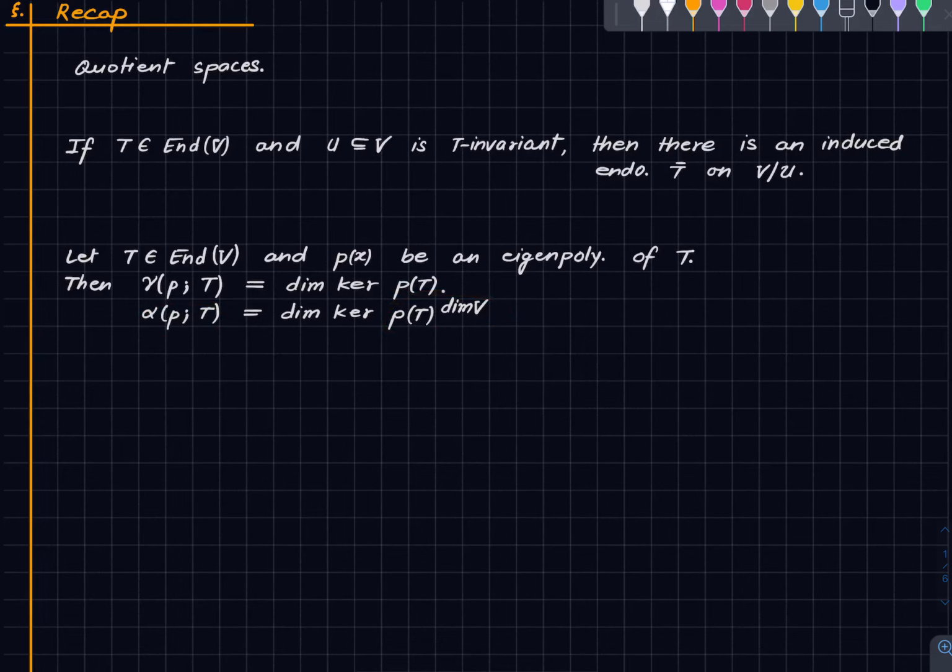We gave a slightly different definition, but we commented that it is equivalent to this. Alright, so these are definitions of geometric and algebraic multiplicities. And it is clear that the algebraic multiplicity is at least the geometric multiplicity. So let's go ahead.